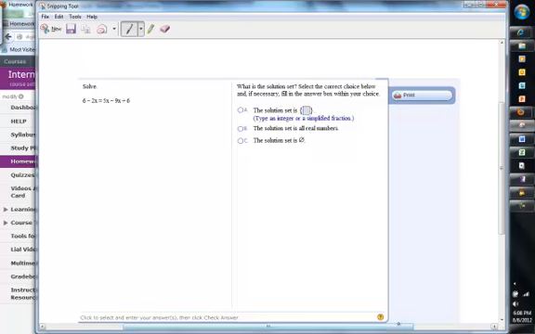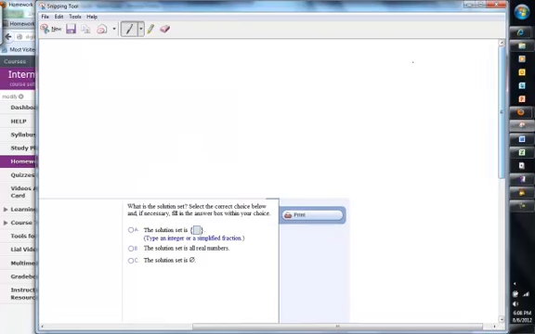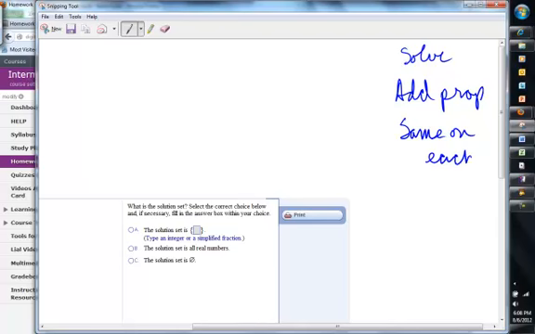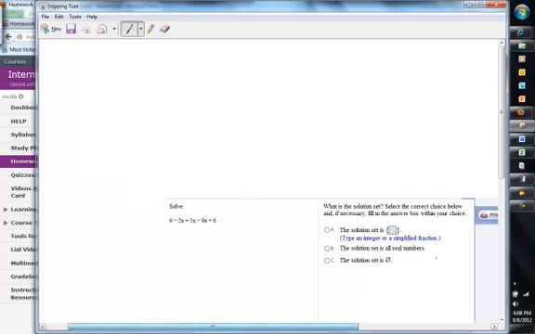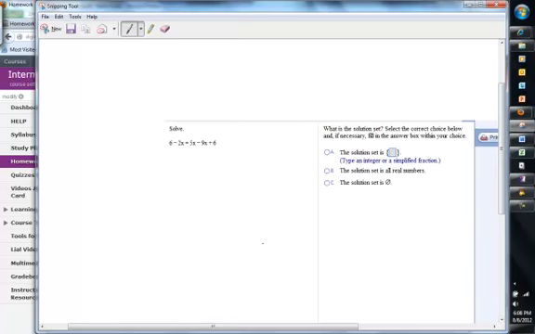The first thing for solving equations that you need to know is the addition property, which says the same number can be added to each side. Actually, the same number could also be subtracted from each side. So let's look at our equation. We want to get all the x's on the same side, so let's add 2x to both sides.